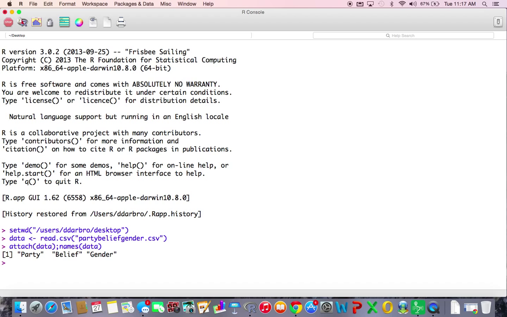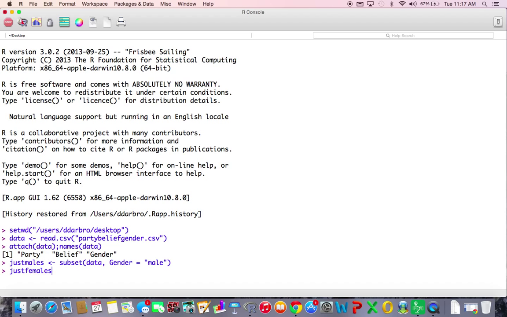Now, the first thing again I want to do is create this new data frame, and I'm going to call this just males because I'm not really creative other than that. And we'll use the subset function, and we want to use our overall data set, which we call data, but I want gender to focus in on just those that are coded as male.